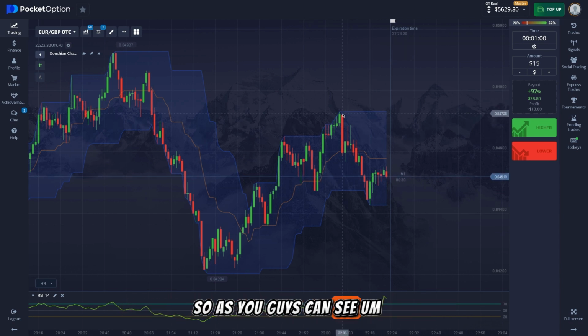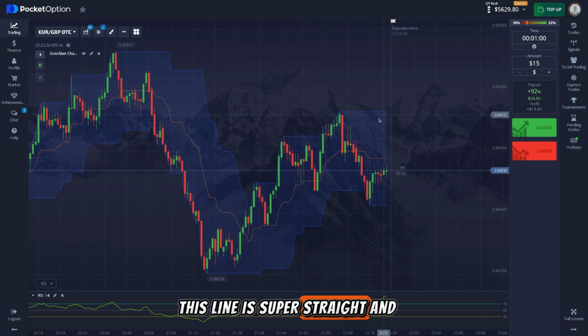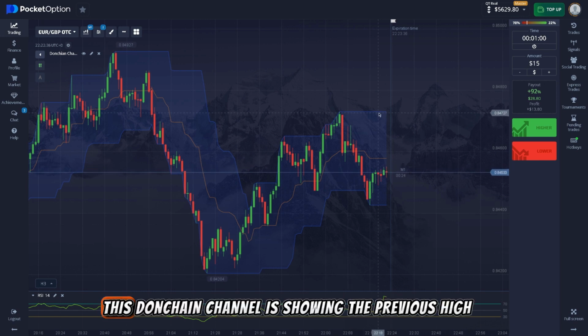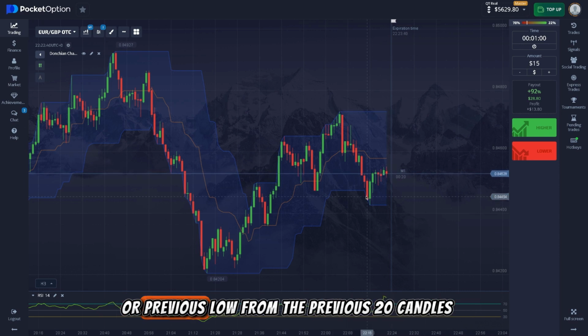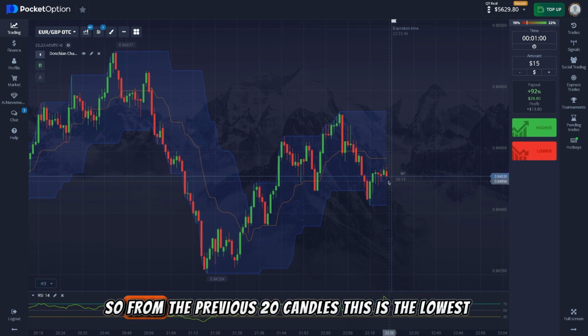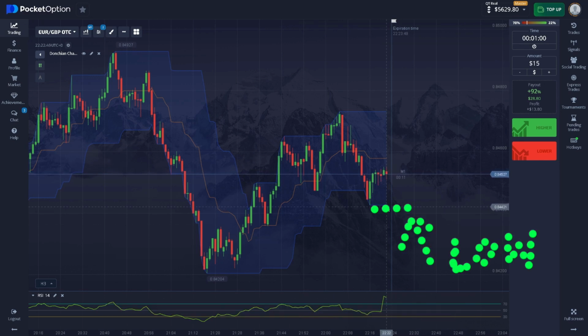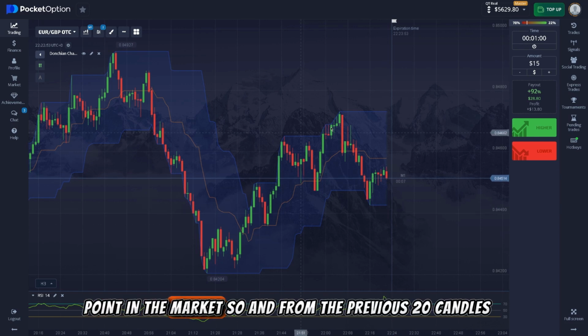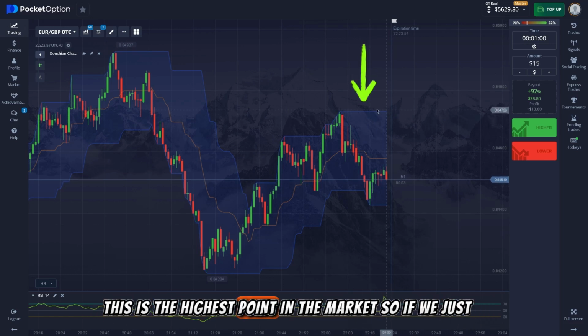This line is super straight, but the market is going down. The Donchian channel is showing the previous high or previous low from the previous 20 candles. From the previous 20 candles, this is the lowest point in the market, and from the previous 20 candles, this is the highest point in the market.